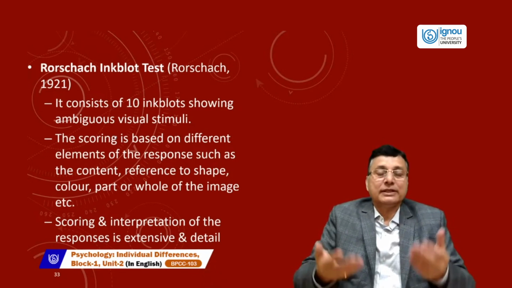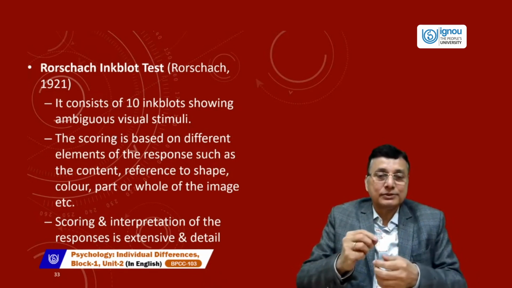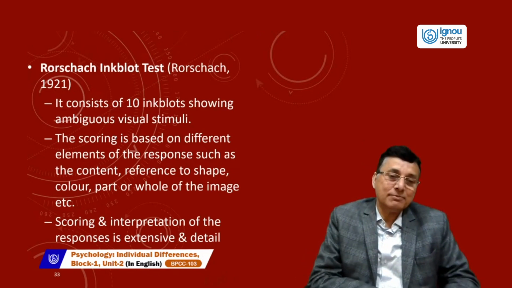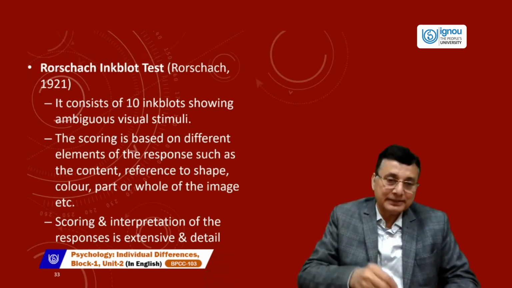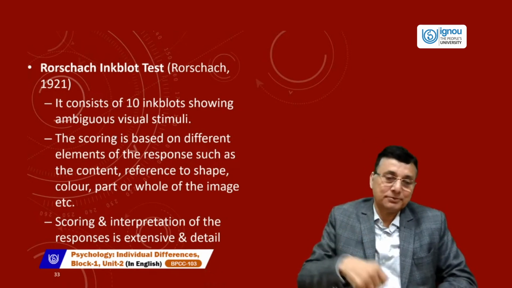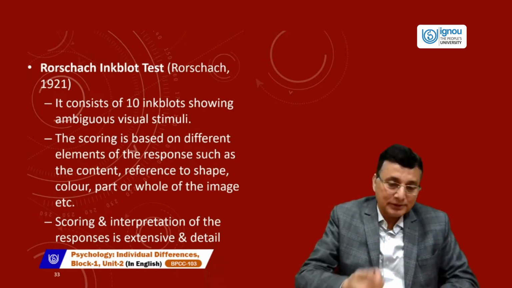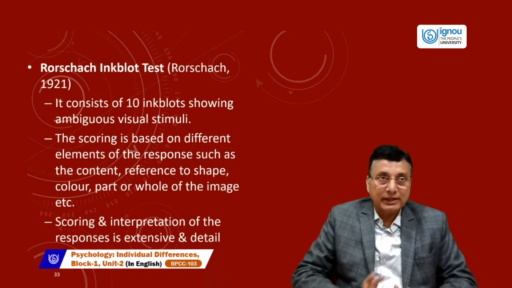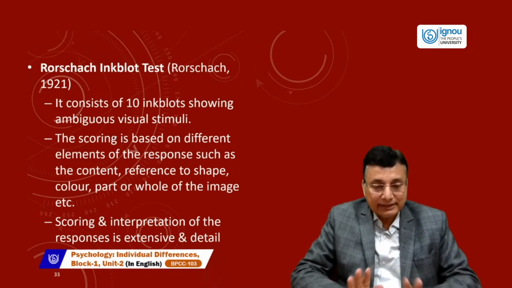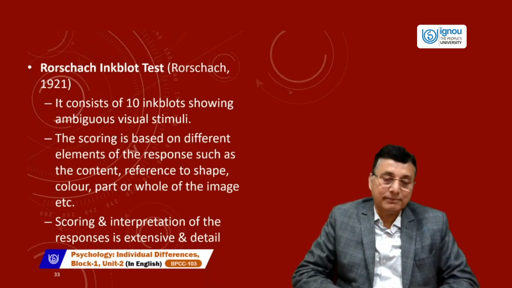Suppose the client says bat on card one; you note down the first reaction time, suppose 10 seconds or 15 seconds. It should be written in seconds. Then note down the bat response. Then again wait for more responses. Do not just remove the card. After waiting for some time, when the client says, "I'm not seeing anything," then you remove the card.